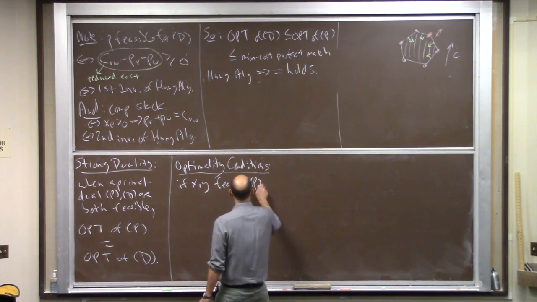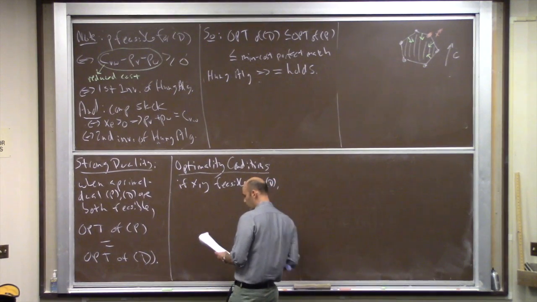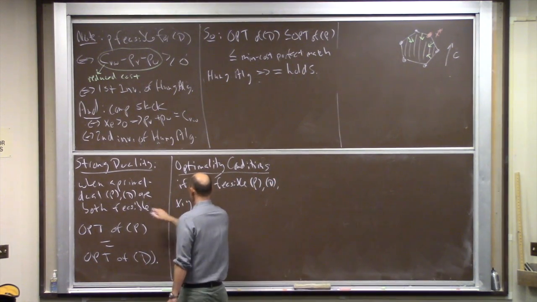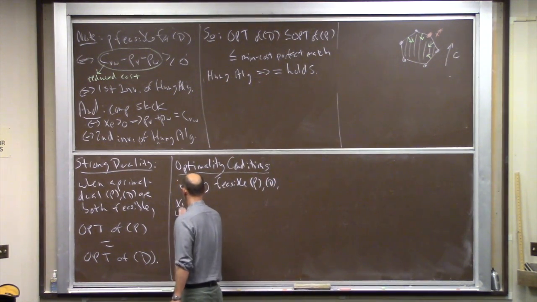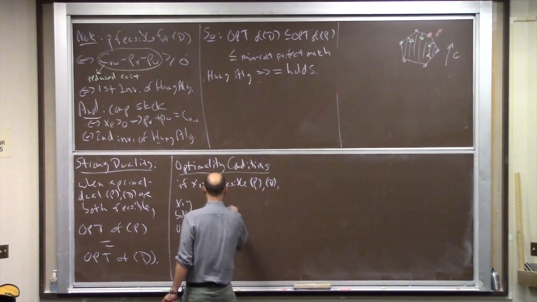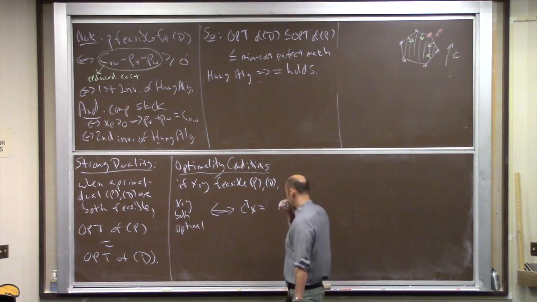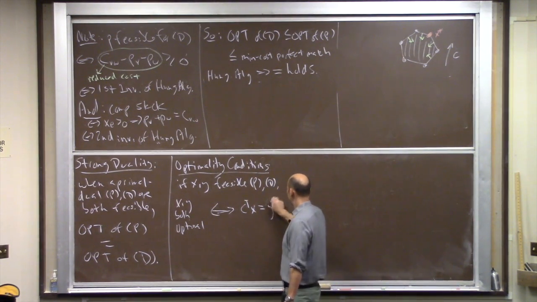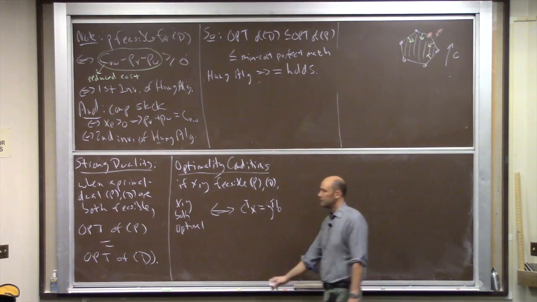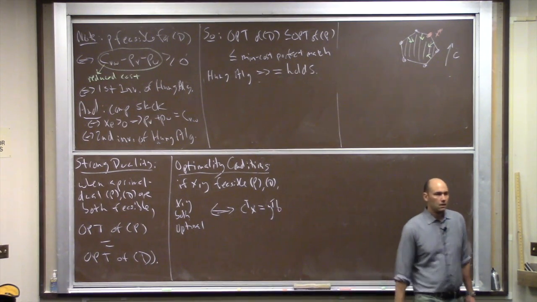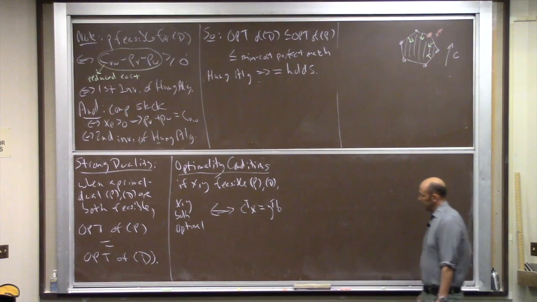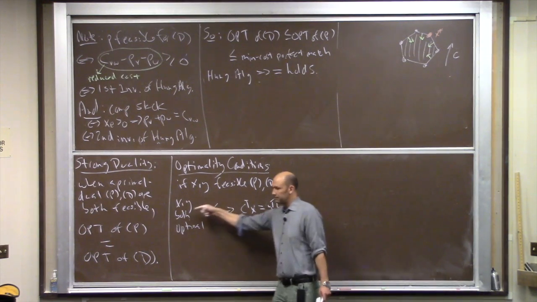Namely, if x and y are feasible for the primal and dual, strong duality implies that x and y are both optimal if and only if they have equal objective function value. Okay? So what we knew from weak duality was this direction. Okay?